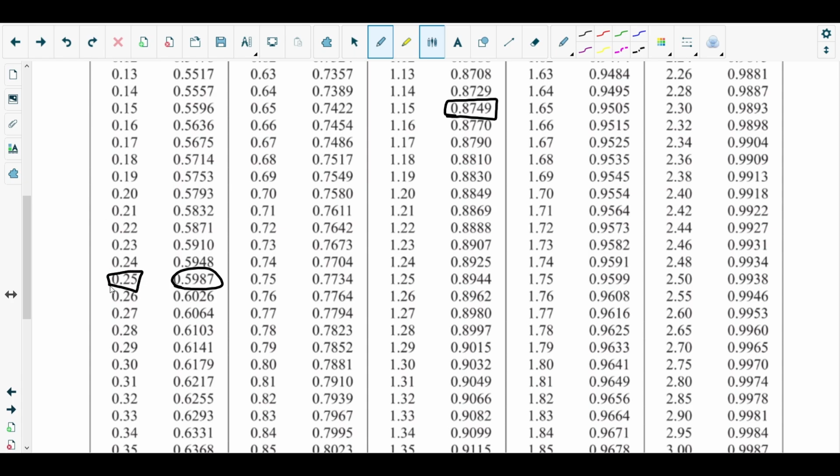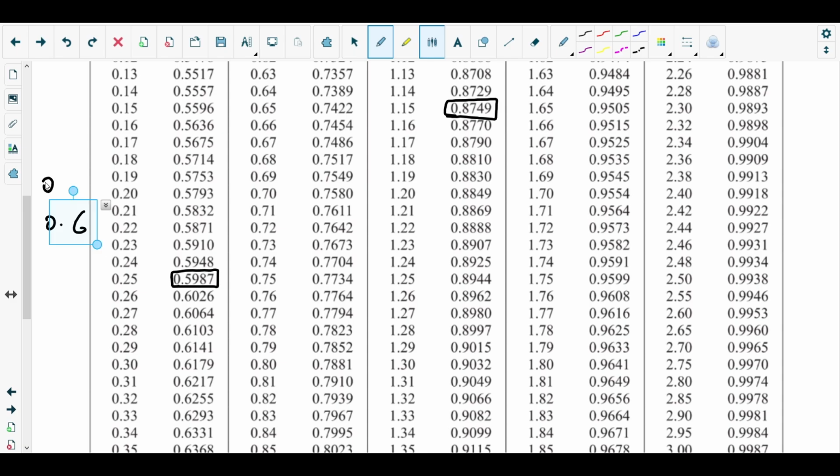You can consider the closer one, that is 0.25, the one which is the closest. Like here 0.26 is also possible, 0.25 is also possible, but we are considering 0.25 because this probability is closer to 0.6, right? From 0.6 it is how much less?